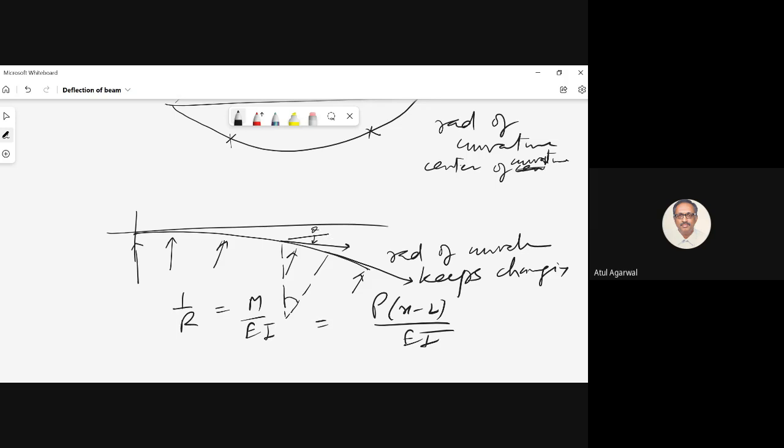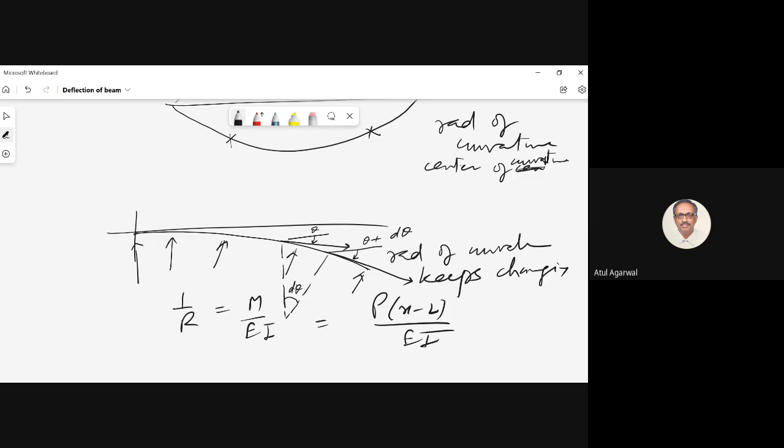This angle is theta plus d theta. The angle is constantly changing. So this is theta, suppose this becomes theta plus d theta. So what is this angle? This angle will be d theta, whatever is the change in angle.